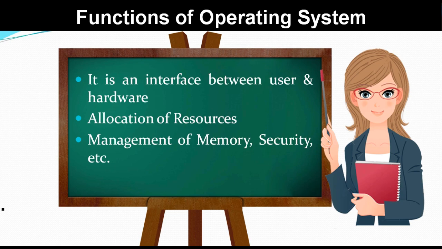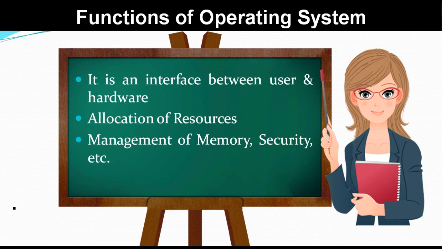It is the responsibility of the operating system to allocate the requested resources to the user, and also to manage memory, allocate the CPU and provide security, etc. So these all are the functions of the operating system.